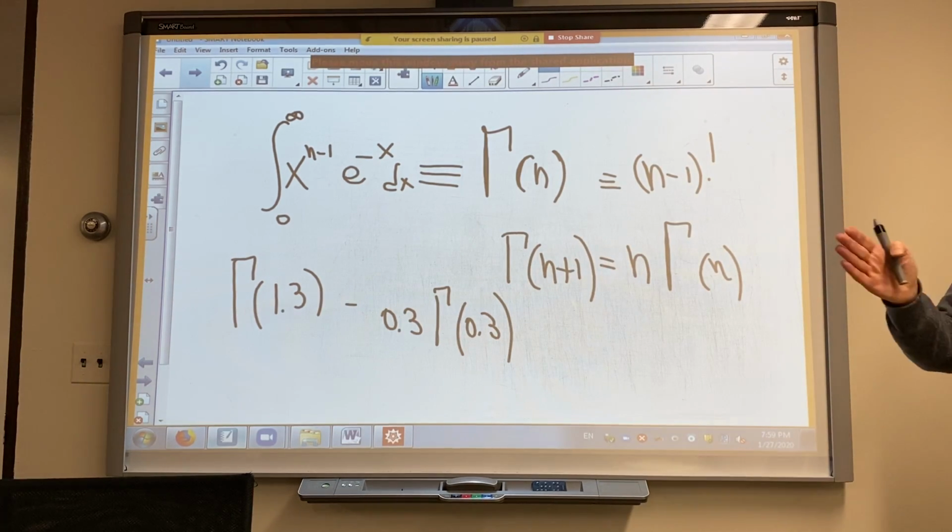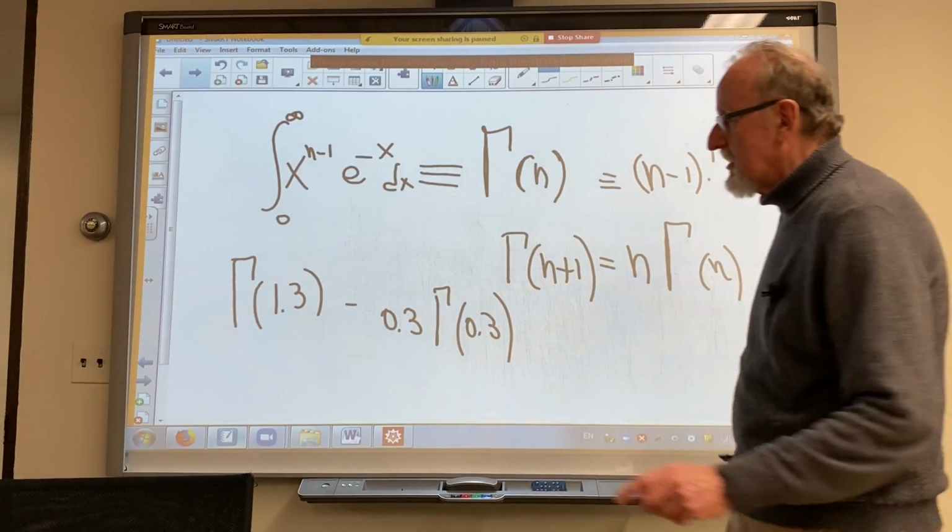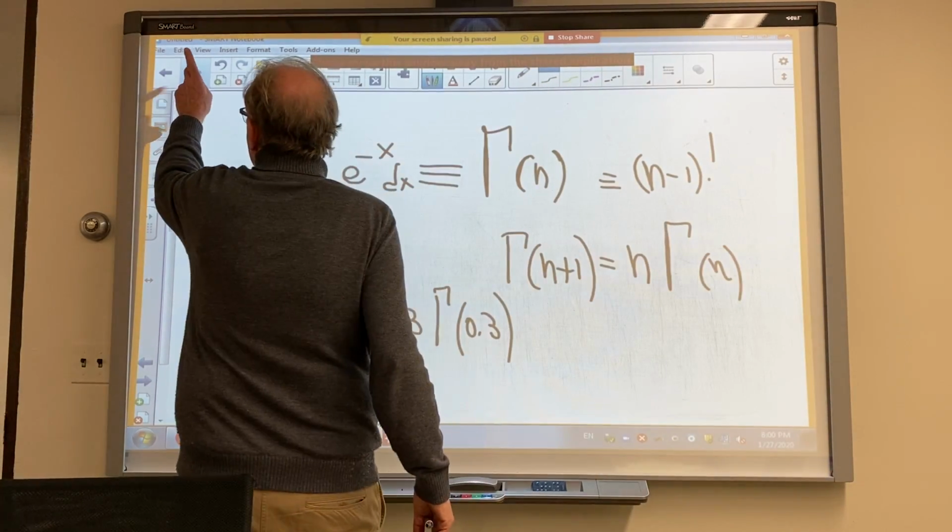So if you define gamma carefully, or you get a table, or you get Mathematica to tell you what is the value of gamma for any number between 0 and 1, well, now you have gamma defined for any number. Actually, in this course, we will not need that many gammas, but we will need one very useful, which is the gamma of a semi-integer number. That will appear a lot, and you will see where it will appear.